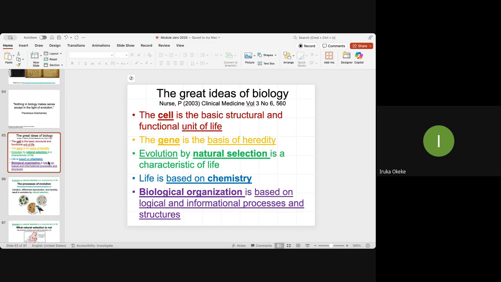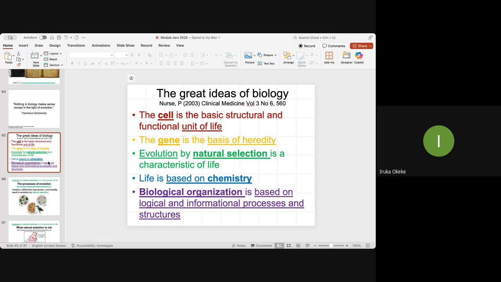It's one of the 5 great ideas of biology, some of which you may have noticed on some of the slides. The first is that the basic unit of life is the cell. This I'm sure we all know. And the basic unit of heredity is the gene. We've talked about that. Okay? And then evolution by natural selection, which we're going to talk about in a minute, is a characteristic of life.